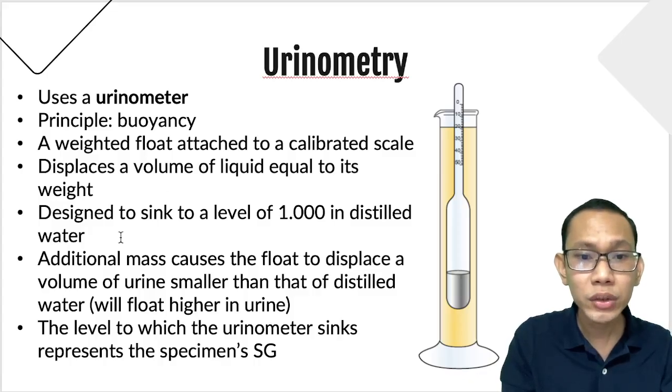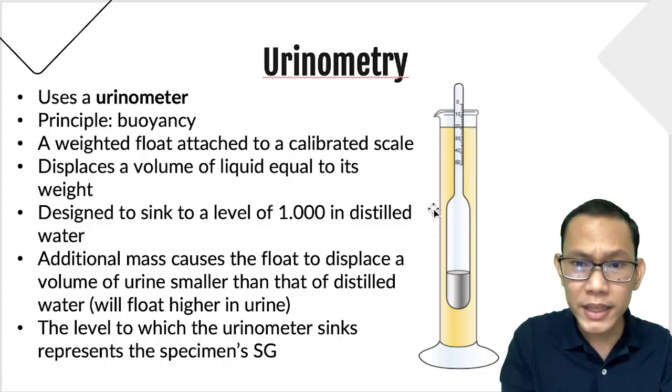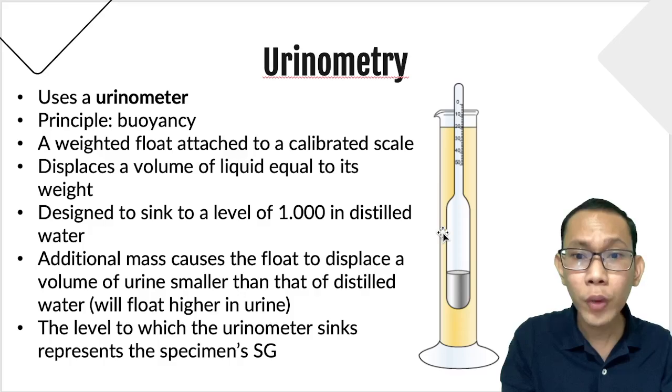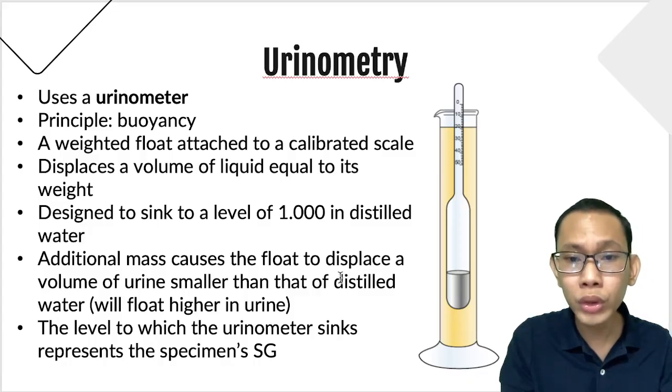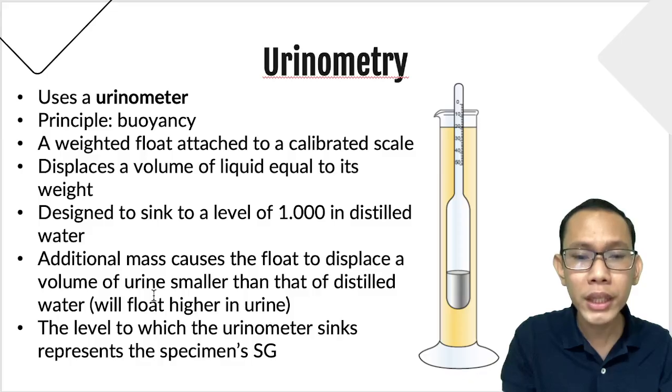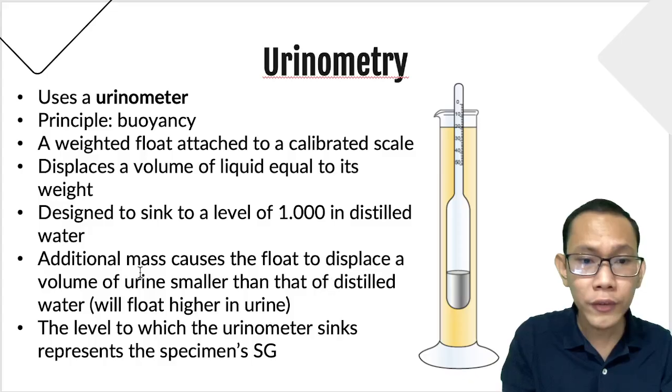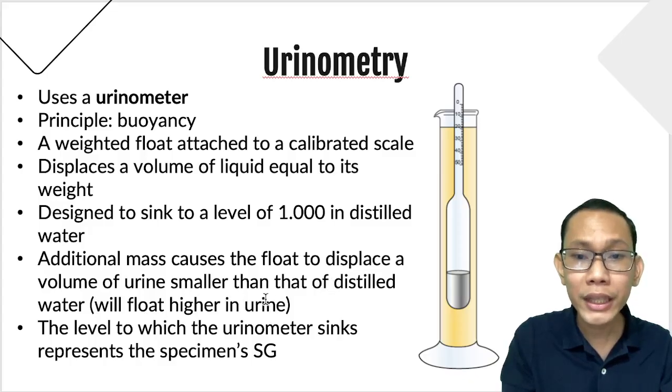It is designed to sink to a level of 1.000 in distilled water. Additional mass causes the float to displace a volume of urine smaller than that of distilled water, so it will therefore float higher in urine.